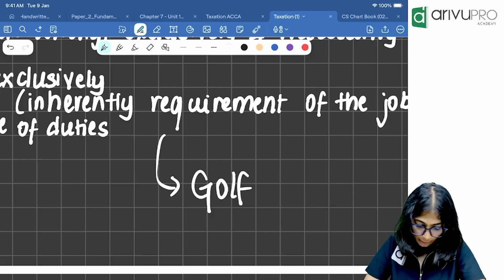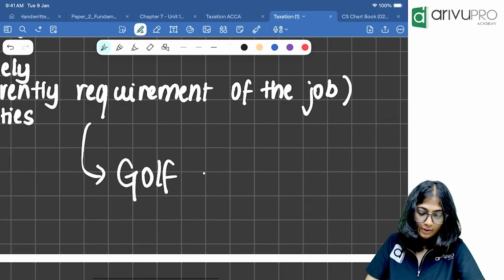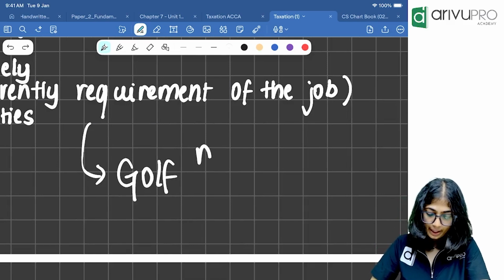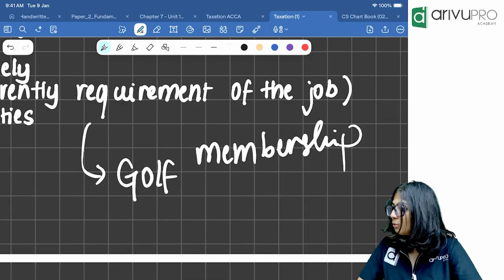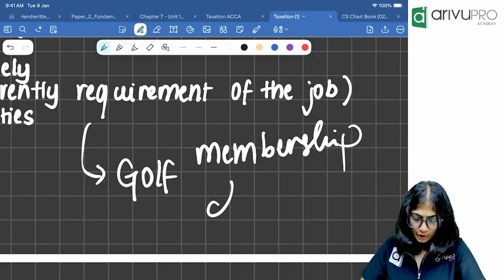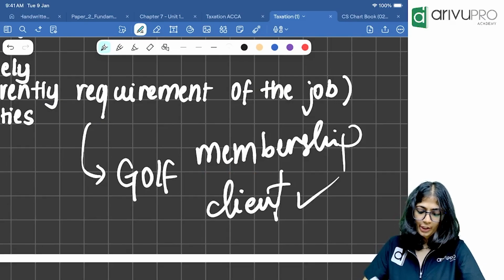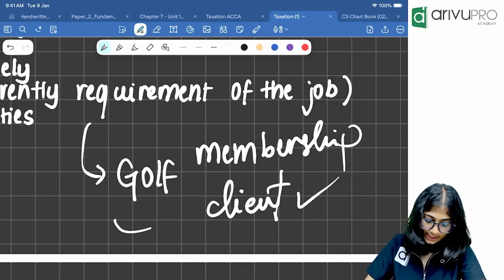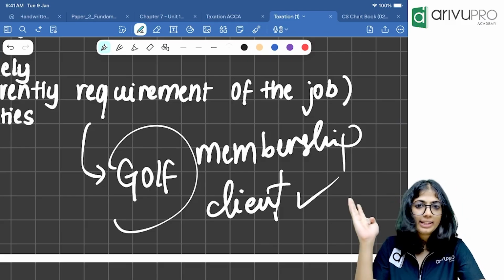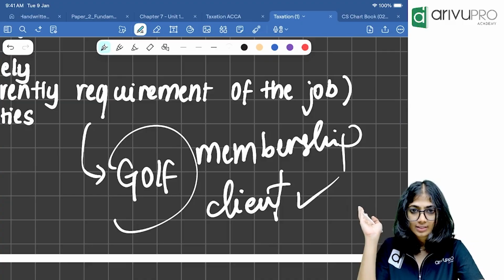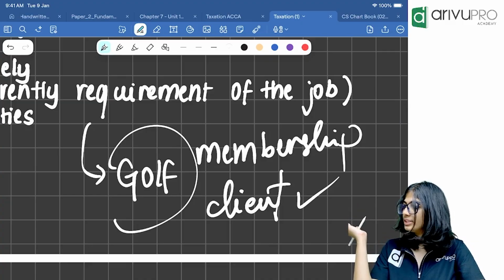But let's say in order to meet those clients, you went to a golf club, you paid membership over there. Sure, you met your client, right? Duty is finished. But is this an inherent requirement of the job to buy the membership? No. You could have met them somewhere cheaper, right?